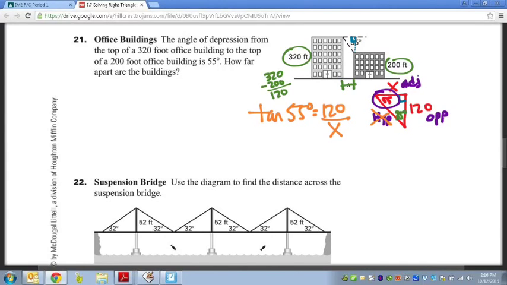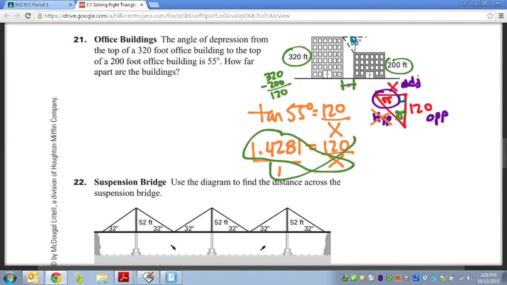Okay, from here, I would try to make tangent into a decimal. So let me go ahead and do that with my fancy calculator here. 55 degrees, the tangent of that is 1.4281, which equals 120 over x. We would cross multiply at this point.